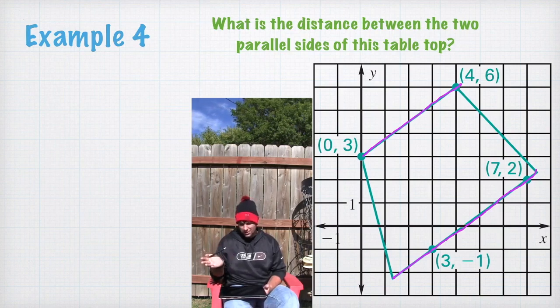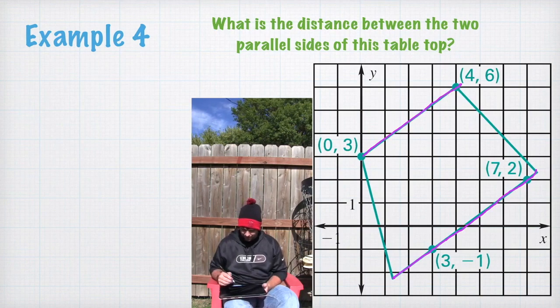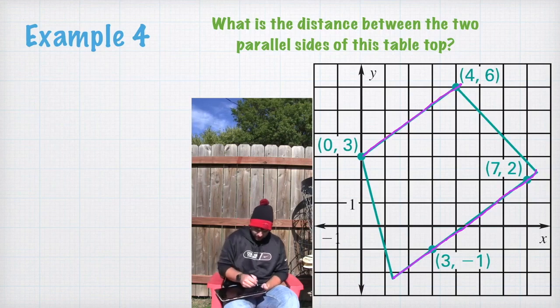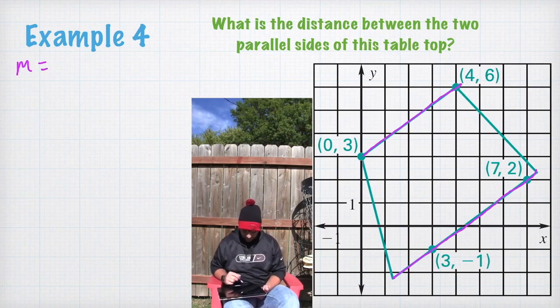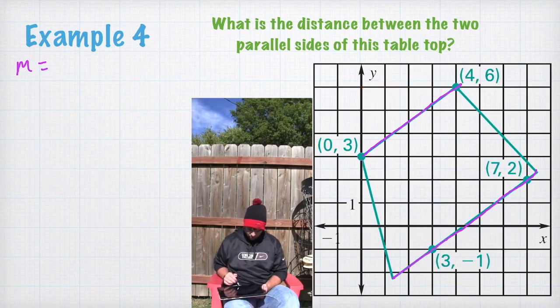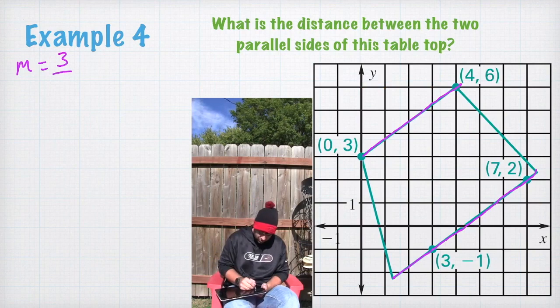And the way we can do that is we can actually find the perpendicular slope. Let's go ahead and find out the slope of the original. Slope of purple, or m for slope, is going to be up 1, 2, 3, and over 1, 2, 3, 4. So 3 over 4 was our original slope.